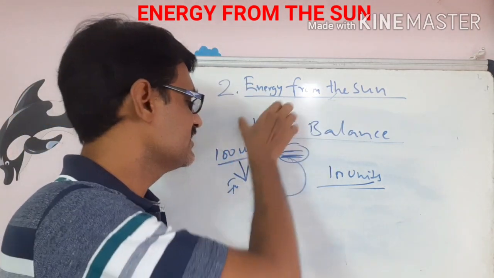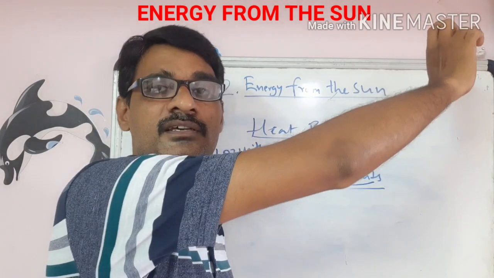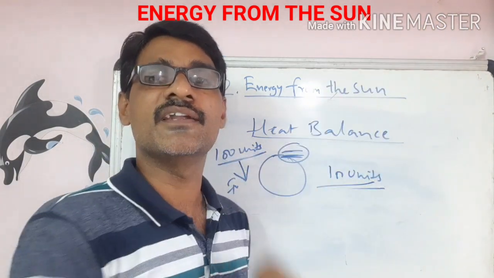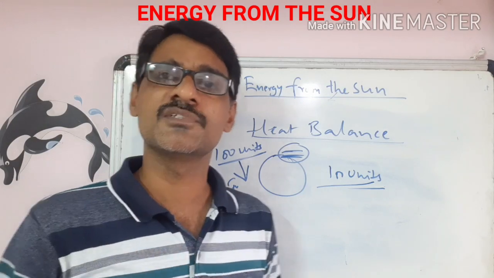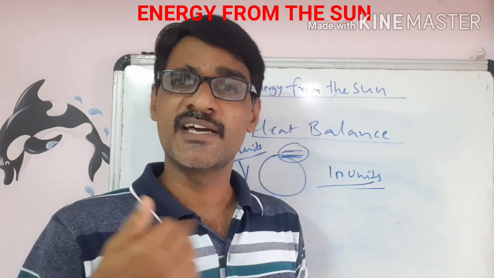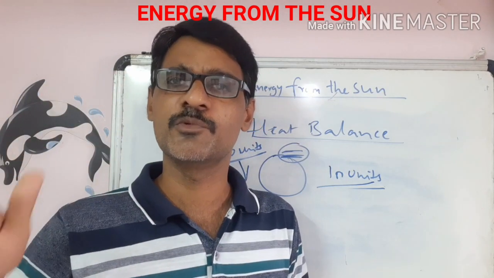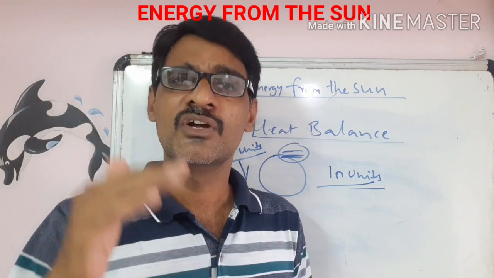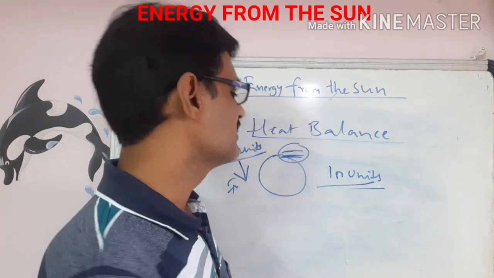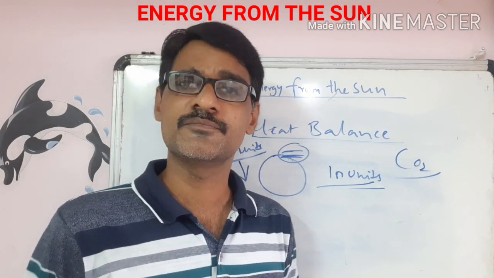The heat is received 100 units and the heat is released 100 units. Of course, the energy from the sun received toward the earth's surface is retained for some time to protect the living things on the earth, animals, plants and human beings, other things, due to the layer of CO2, carbon dioxide.